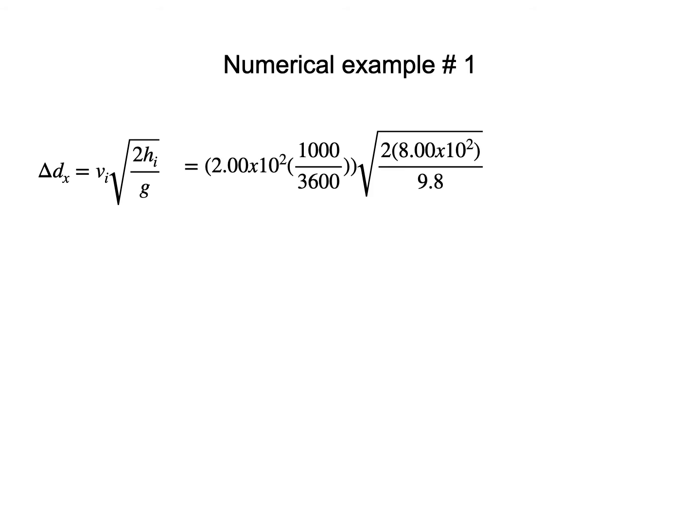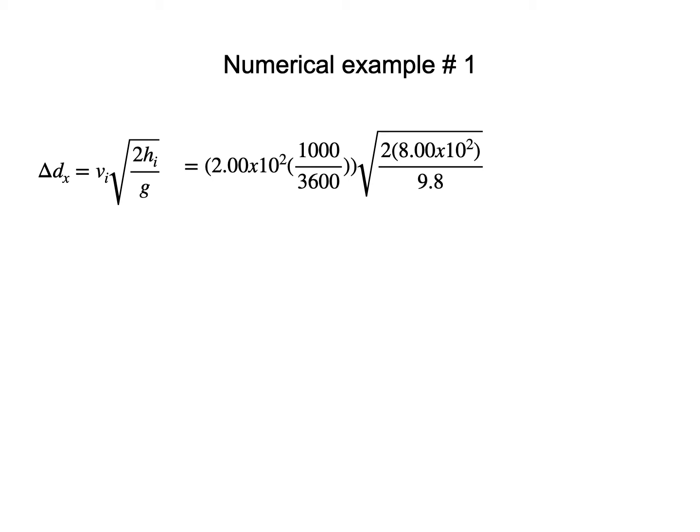Please note that the ratio 1000 over 3600 is necessary in order to convert kilometers per hour to meters per second. Since g is known in meters per second squared, it is customary to convert all other measurement units of length to meters and the measurement unit of time to seconds to be able to use g equal to 9.8 meters per second squared.